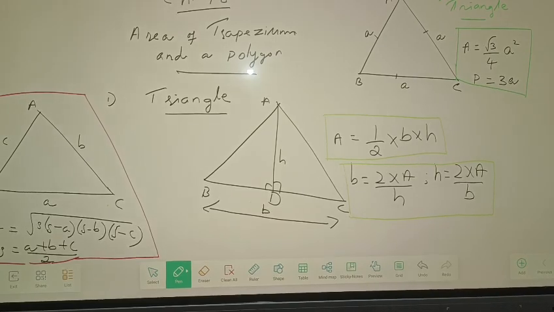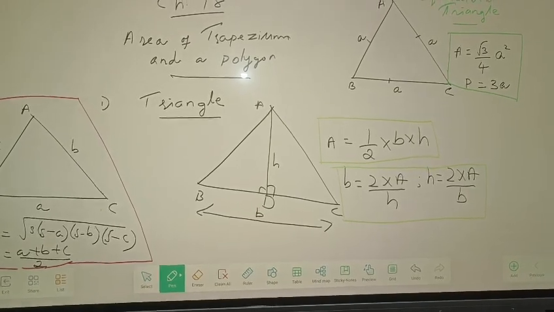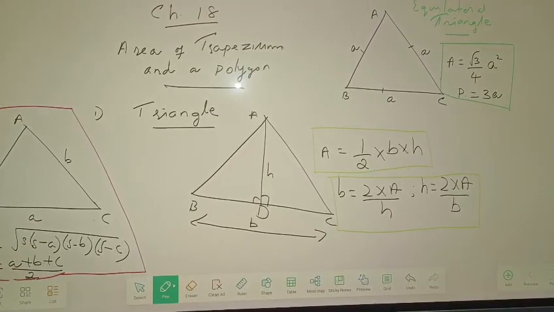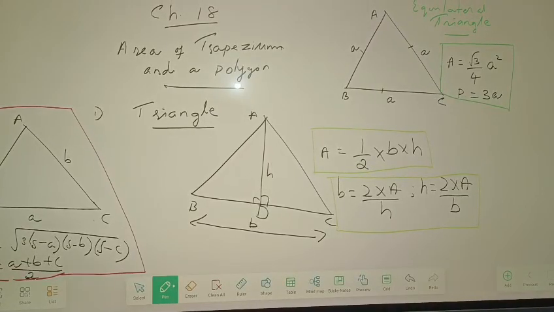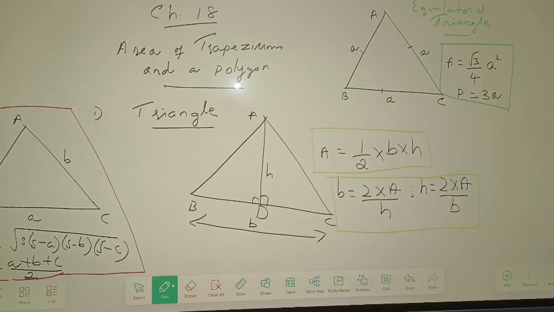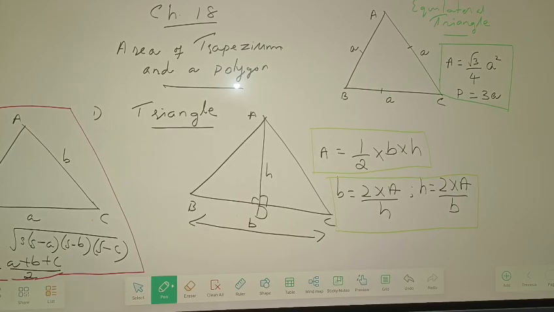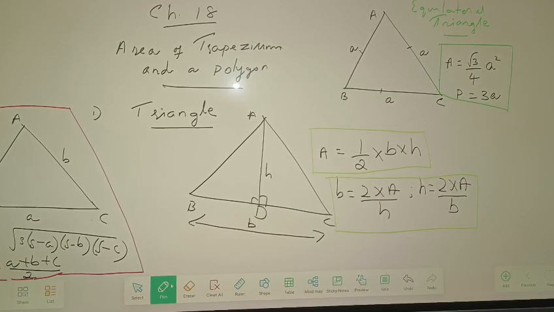Then on the upper portion you can see an equilateral triangle. Equilateral triangle means a triangle whose all sides are equal. To find the area, the formula is root 3 by 4 a square, and its perimeter equals 3a, where a is the side.